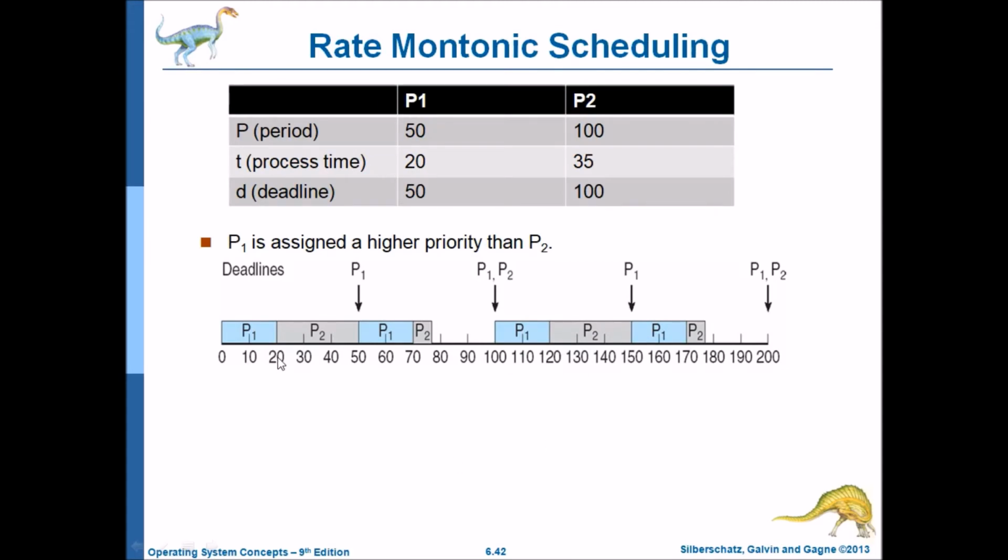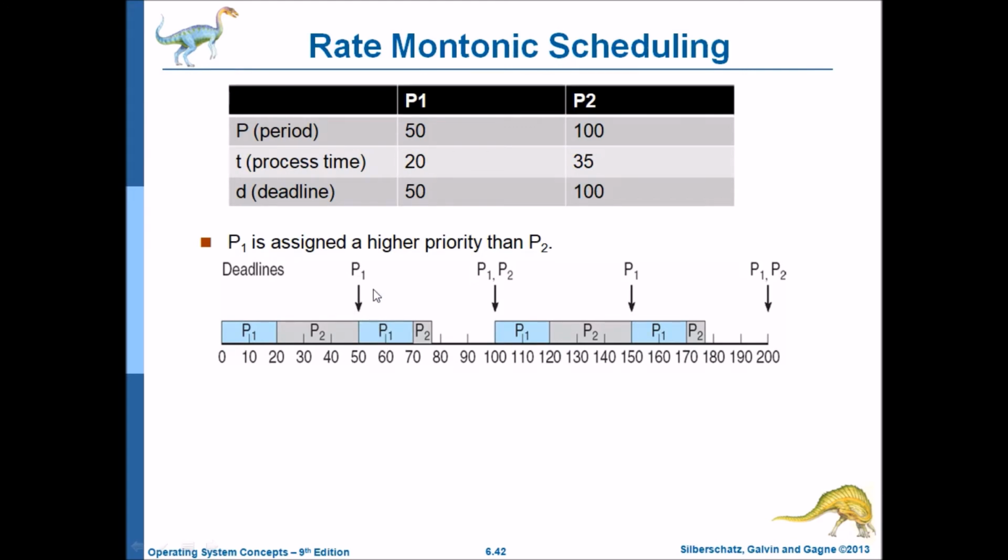P1 starts first and completes its CPU burst at time 20, thereby making its first deadline. P2 starts running at this point and runs until time 50.